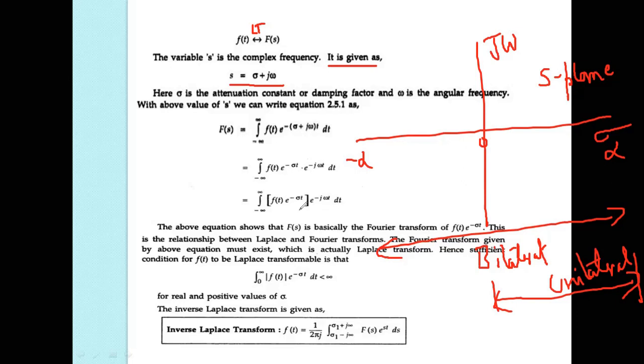Got it, my students? Taking as a single term, f of s is the integral from minus infinity to infinity of f of t e power minus sigma t, e power minus j omega t dt.